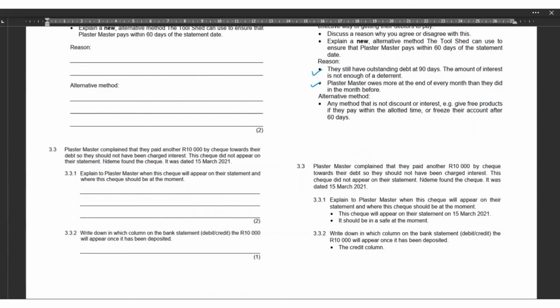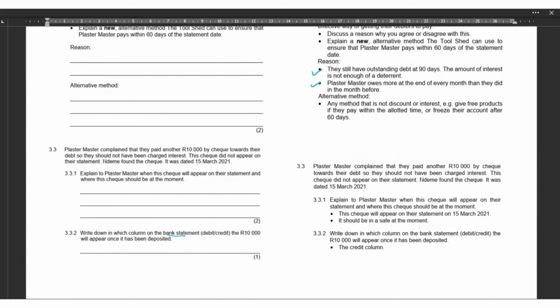Explain to Plaster Master when this check will appear on their statement and where this check should be at the moment. And then write down in which column of the bank statement, debit or credit, the 10,000 will appear once it has been deposited.